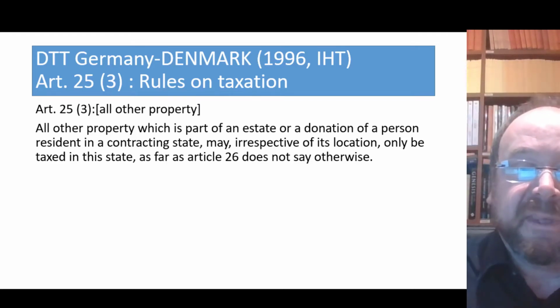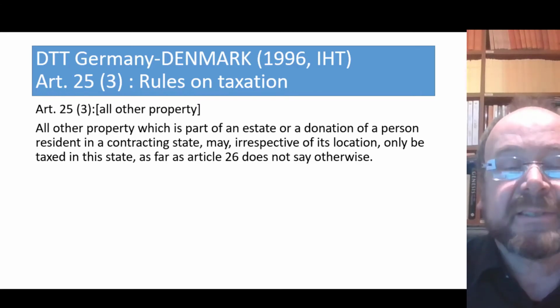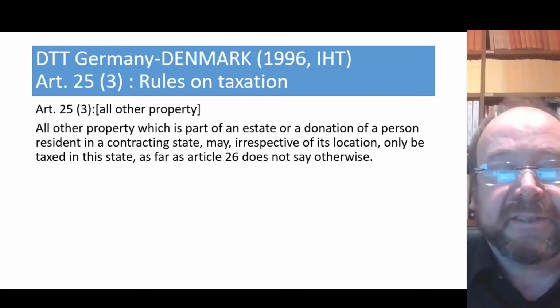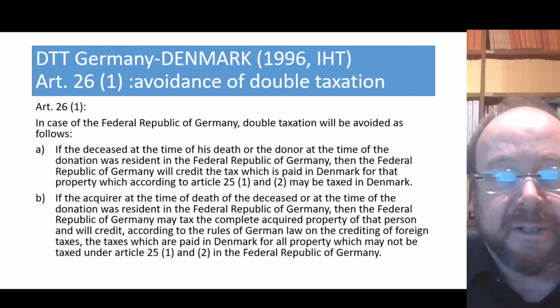Now, after we went through Article 25 and had our first step, source state taxation, the next thing we need to look for is the taxation by the state of residence of the deceased or of the donor.